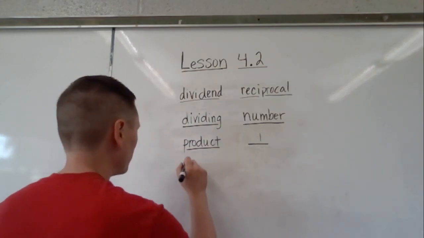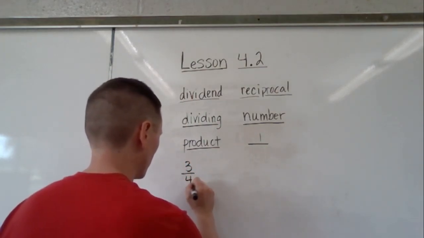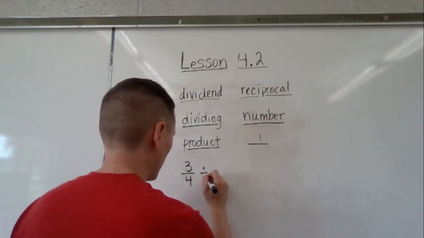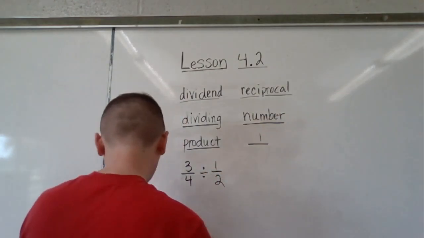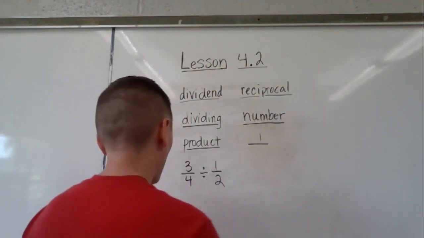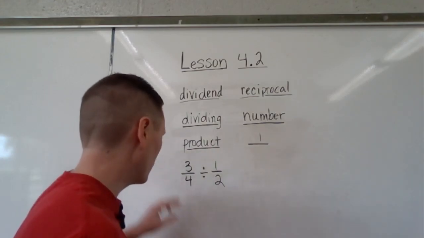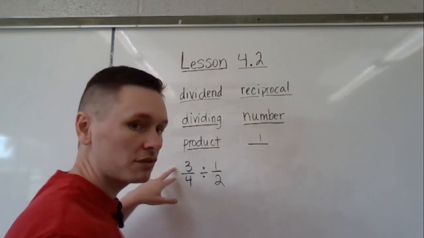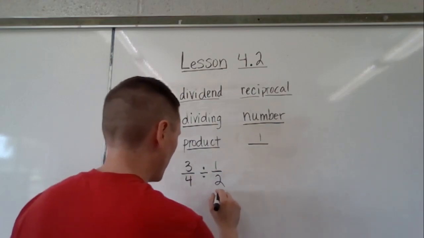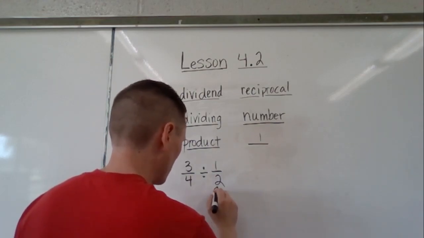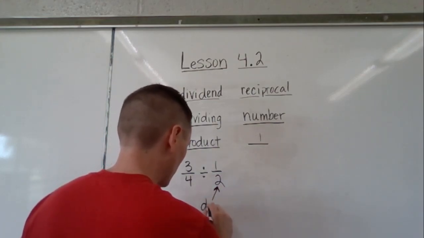All right, let's look at an example. So we have 3/4, and we're going to divide that by 1/2. And on your notes, it's already labeled. The fraction 3/4 is your dividend, and then the fraction 1/2 is your divisor.